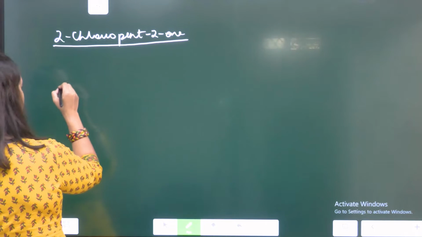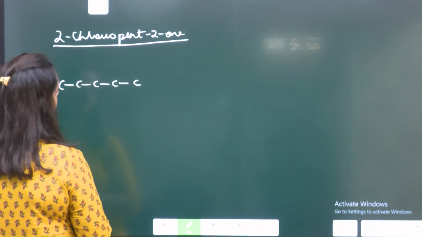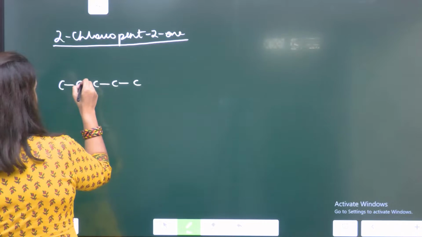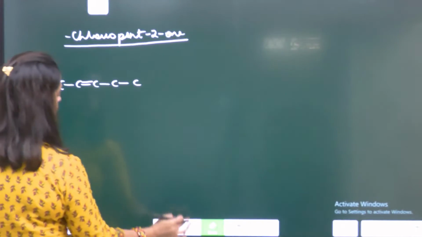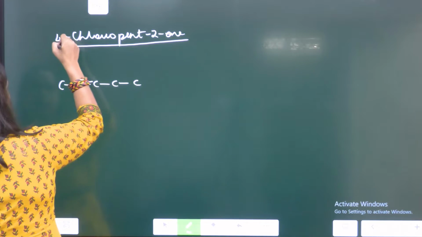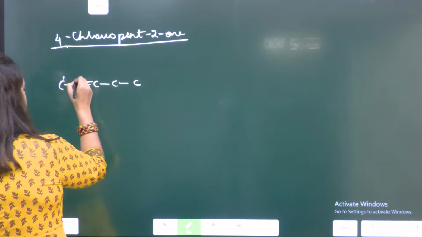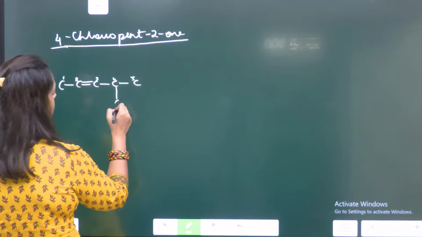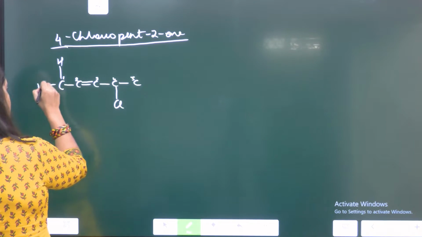So when I draw the open structure, 5 carbon. After that 5 carbon, on the second carbon, there is a double bond. So let's say this is 3, 4. And on the 1, 2, 3, 4, 5, on the 4th carbon, there is a chloro group. Rest of them as hydrogen.